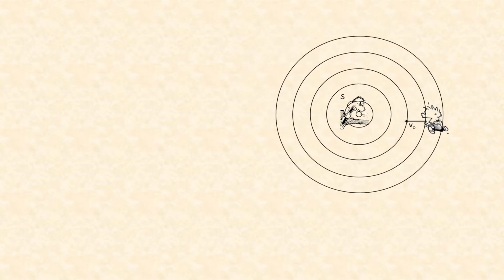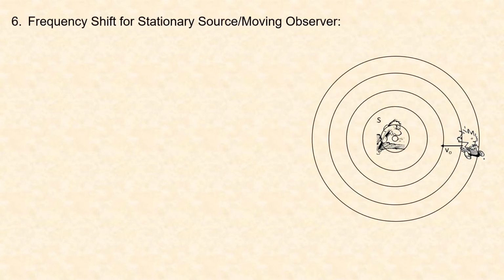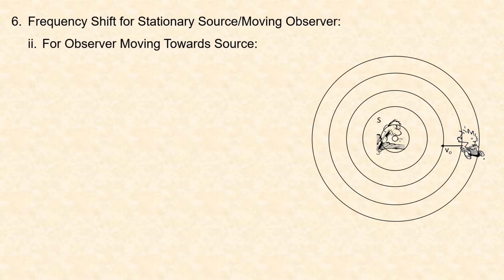So now that we've seen what happens to the wave speed relative to the observer, let's derive this expression for the frequency change for a moving observer and a stationary source. We'll start with a case where the observer moves towards the source of the wave.